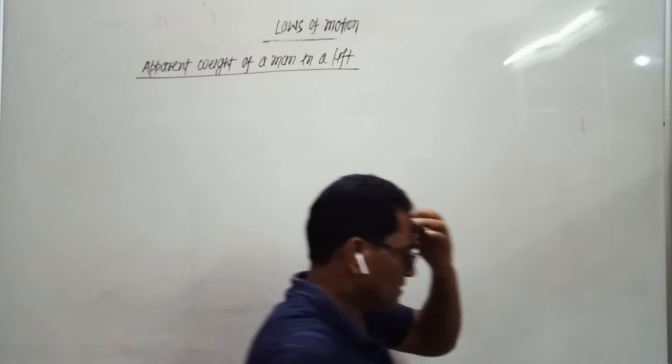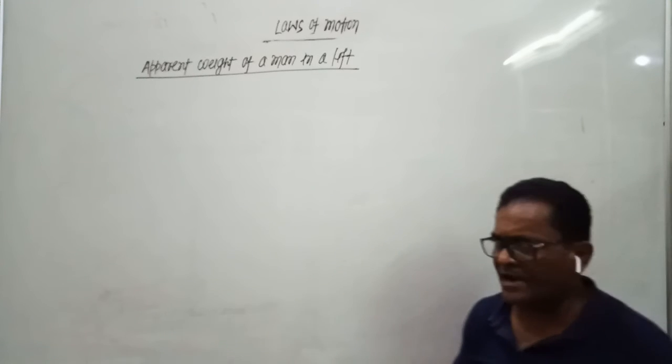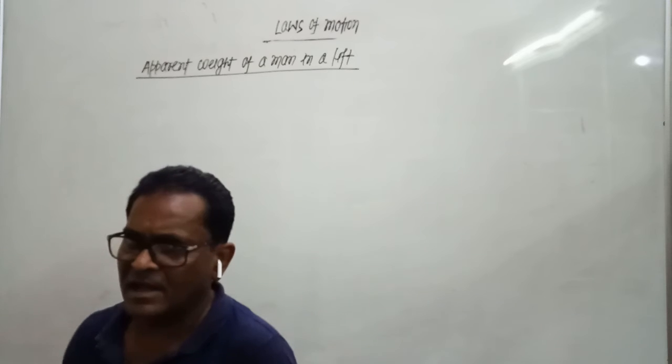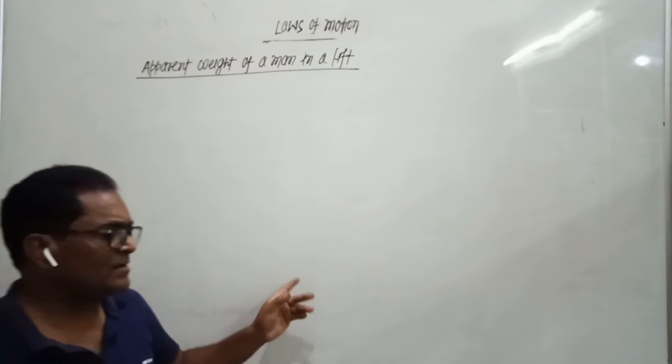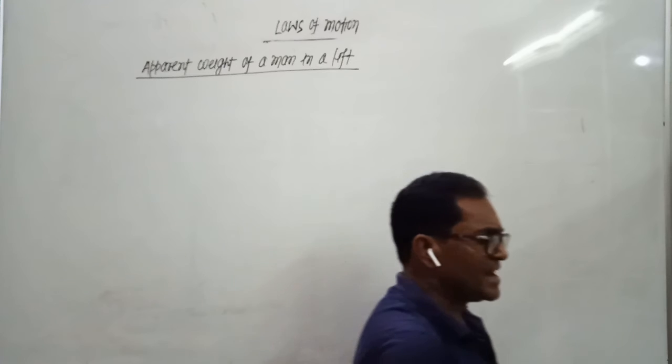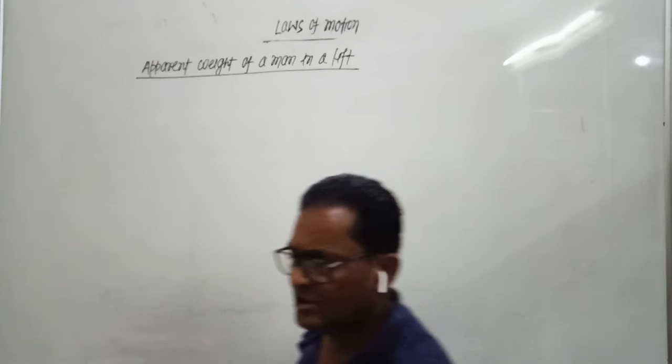We find the expression for acceleration in various cases and apparent weight of a man in a lift. Apparent weight means the weight which is not real. This derivation is most important because in exercises there are questions based on apparent weight of a man in a lift.